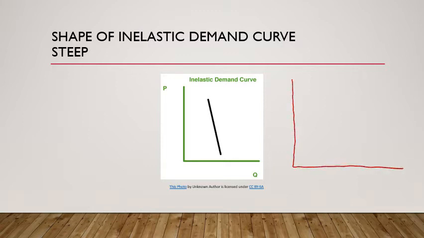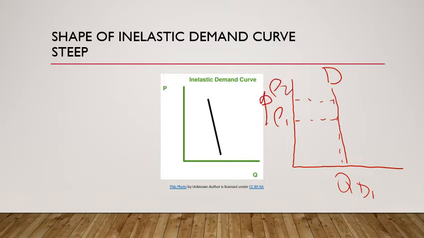Let's see. Steep demand curve like that. Here's the price. Here's the appropriate QD1. We increase the price by a lot, let's say. And what happens? QD does indeed decrease.